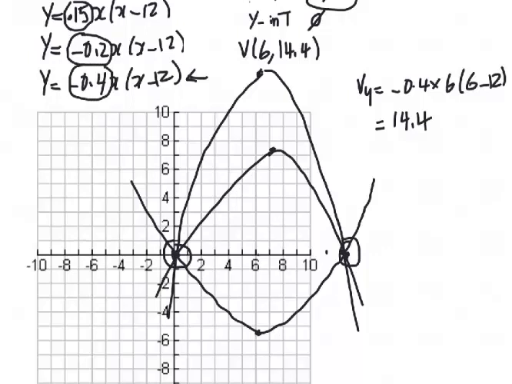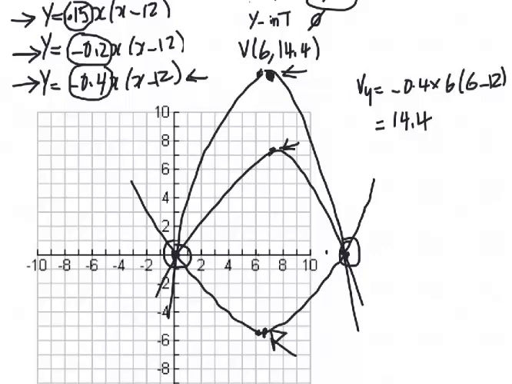The other thing is the reflection. Here, we are reflecting about the x-axis, and here we are reflecting about the x-axis because a value is negative. Here, we are not reflecting at all. And also, the other difference is the coordinate of the vertex. Look at the vertex here, the vertex here, and the vertex here.